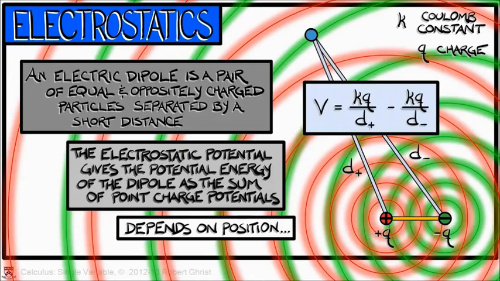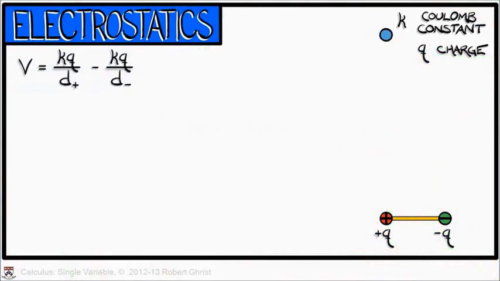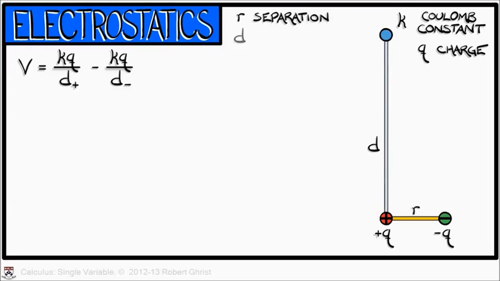Let's do some math. Let's compute what this electrostatic potential V is in the case where you are standing at a distance d away from the positive charge and where d is much greater than r, the separation distance between the two charges in your dipole.